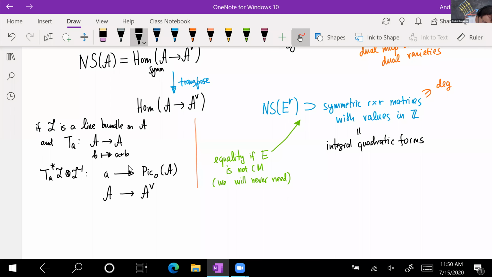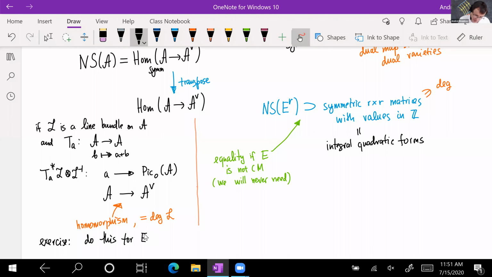This is a symmetric map, a homomorphism, and this is the degree of A. And so this is an exercise: do this for E itself, and check that this agrees with our previous definition.